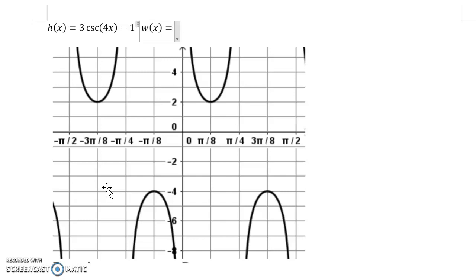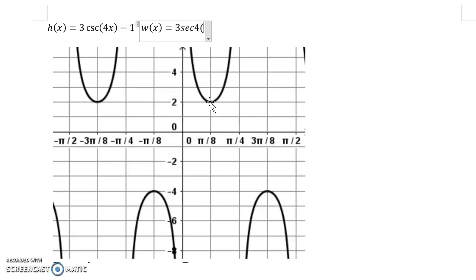So with that in mind, I'm picking this particular point as my starting point. Because I'm picking this as my starting point for my secant curve, it is still an upward-facing parabola followed by a downward-facing parabola, which means I still don't have to worry about the reflection across the x-axis. So my leading coefficient of 3 is still positive, except this time I'm talking about secant.